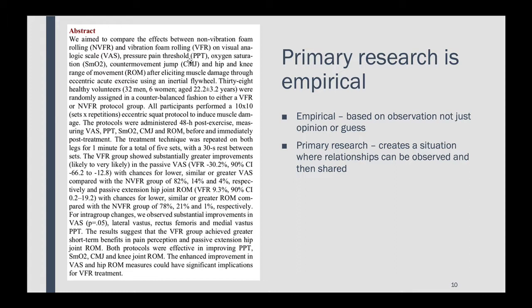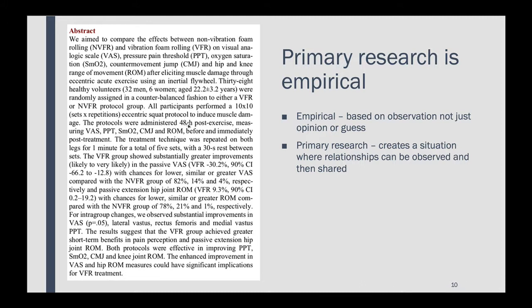pressure pain threshold, oxygen saturation, the counter movement jump, so how high can they jump, and hip and knee range of motion. So they took a lot of measures, and again, probably measured these before the person participated in this exercise that made them sore, and probably measured them after exercise. So the protocols were measured previously, and then 48 hours post-exercise.